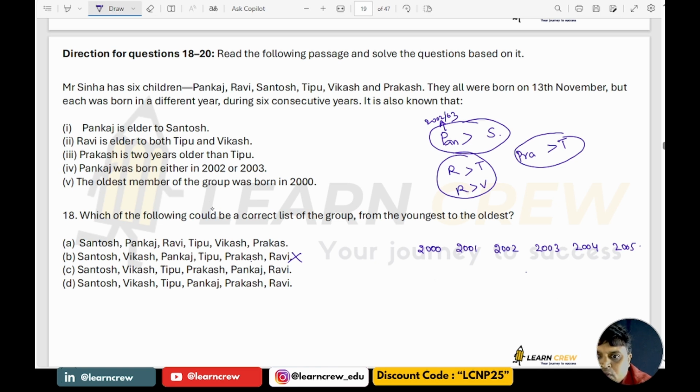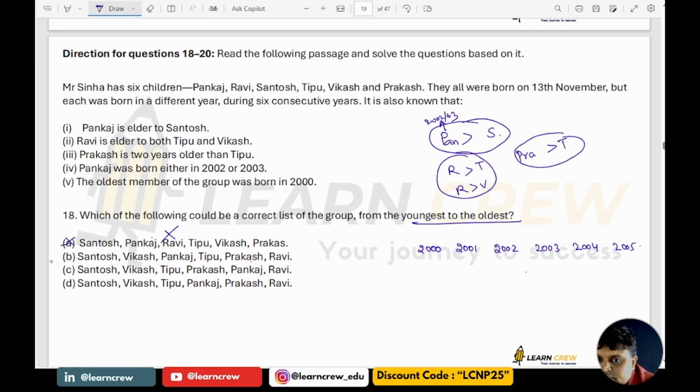Ravi is elder to both Tipu and Vikash, but here in the first option, youngest to oldest, it is said that Ravi is younger, which is wrong.